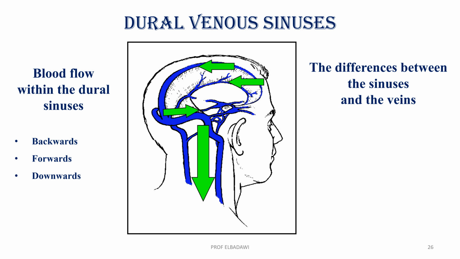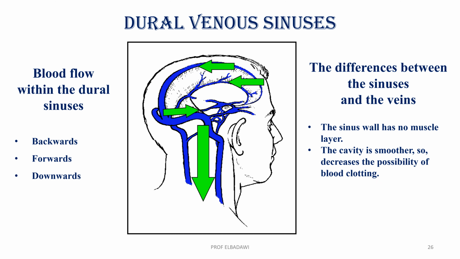The main difference between the sinuses and the veins is that the sinus wall has no muscle layer, so no corrugation could be on the inner surface of the sinus. The cavity of the sinus is smoother compared with the vein, which decreases the possibility of blood clotting within the cranial cavity.